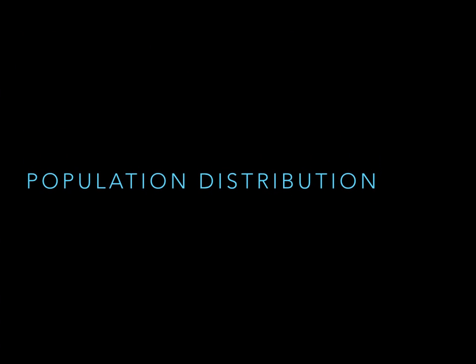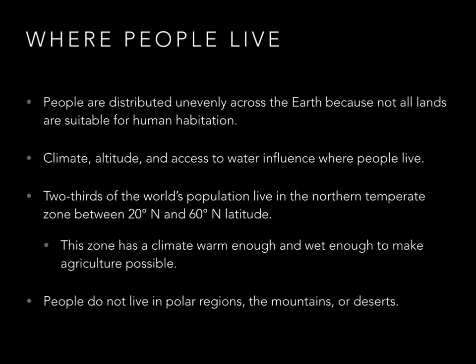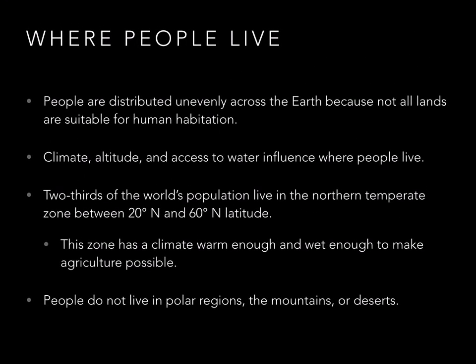Population distribution. Where people live. People are actually distributed unevenly across the earth because not all lands are suitable for human habitation. The climate, altitude, how high up you are in the mountains, access to water, all these things influence where people live.